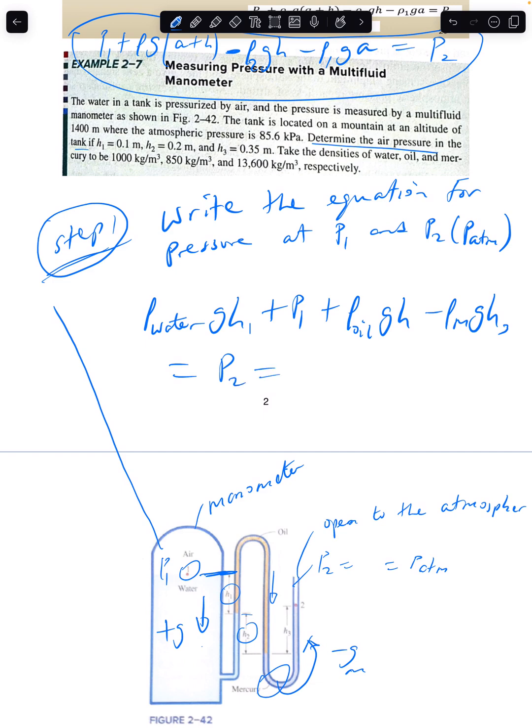And that P2 is equal to atmospheric pressure. That's what we have. And therefore, what are we solving for? We can solve for P1.